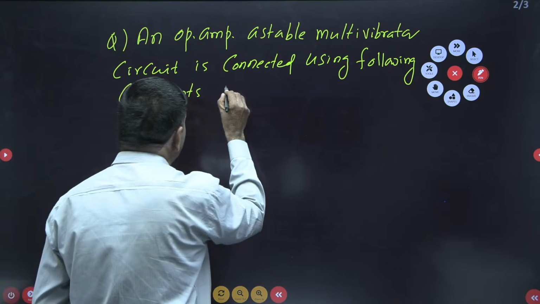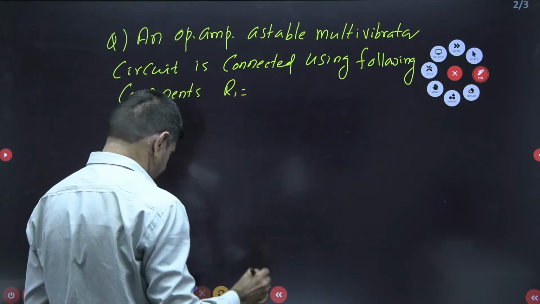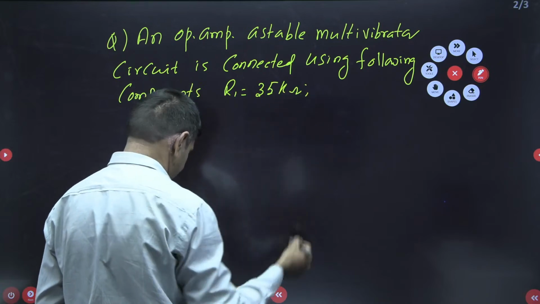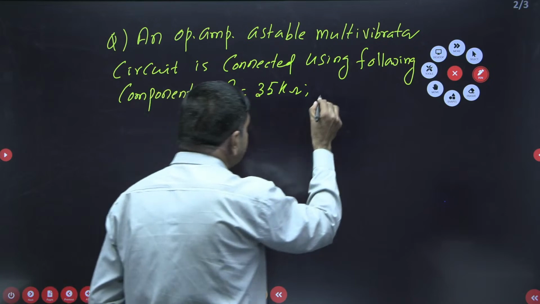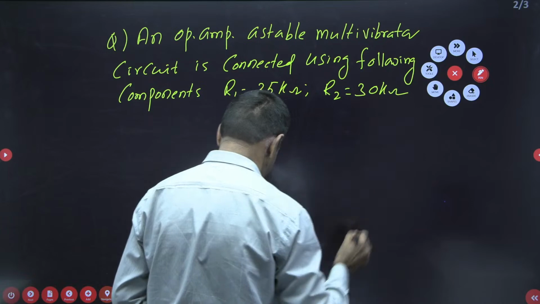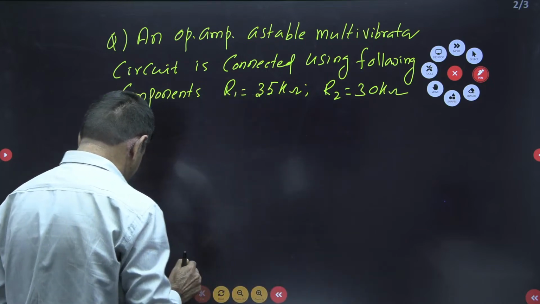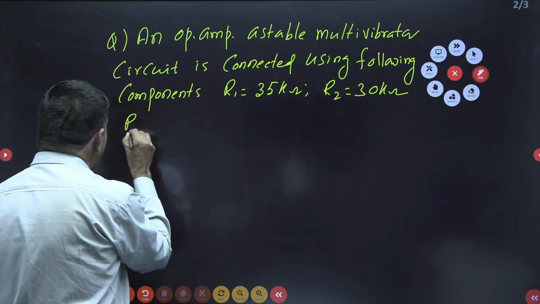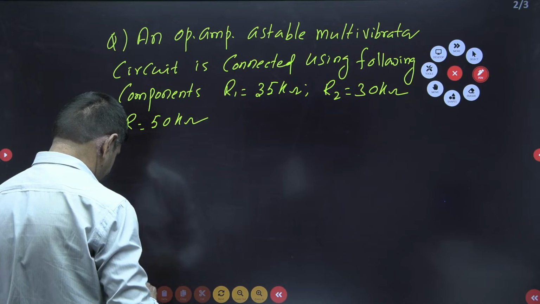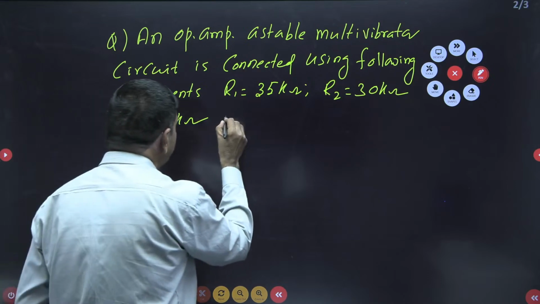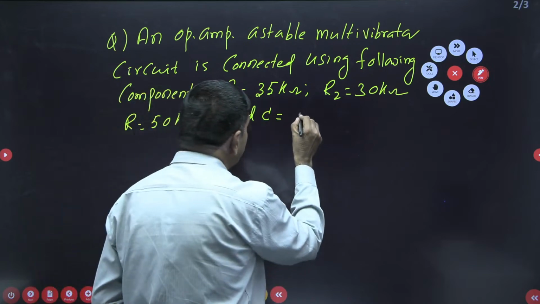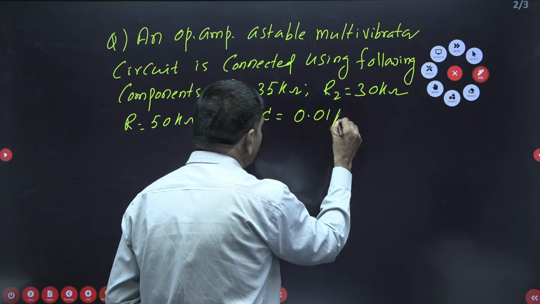R1 equal to 35 kilo ohms, it is given. And R2 is given as 30 kilo ohms. And R is given as 50 kilo ohms. And C equal to 0.01 microfarad.